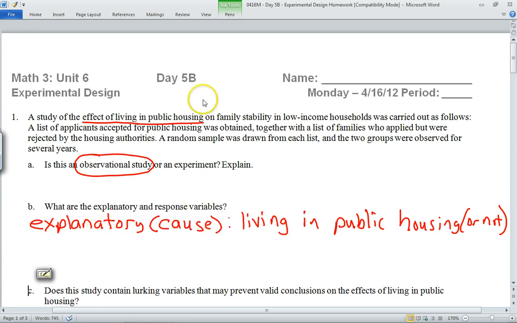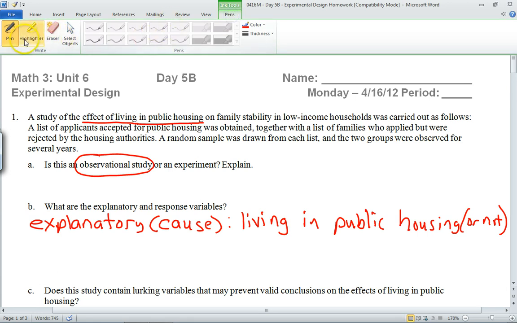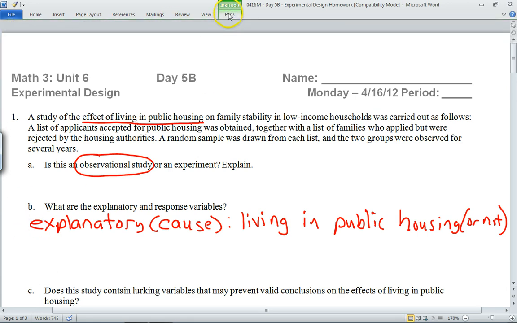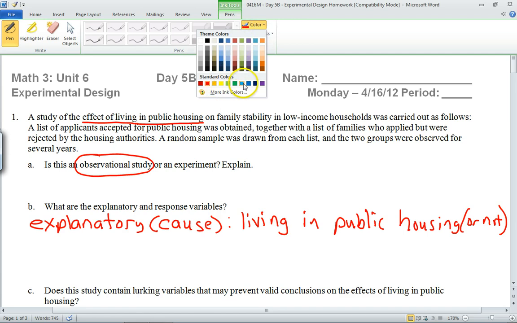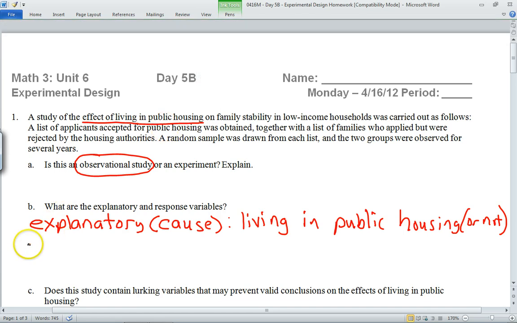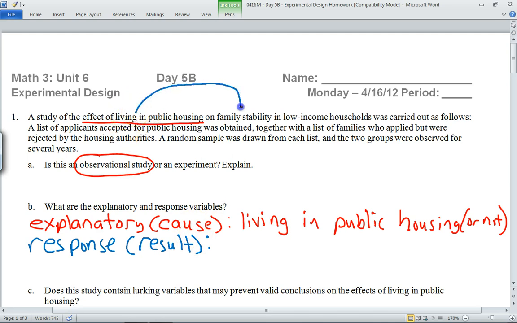Okay, now for the response variables. I feel like changing colors. Response variables. The response variables are the result that we observe. Now, we're trying to find the effect of living in public housing on family stability.